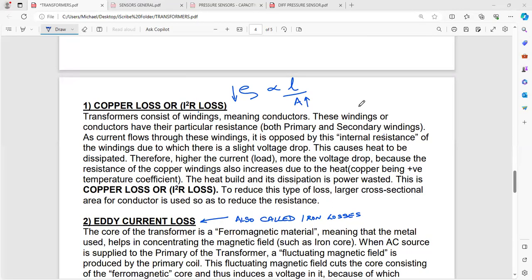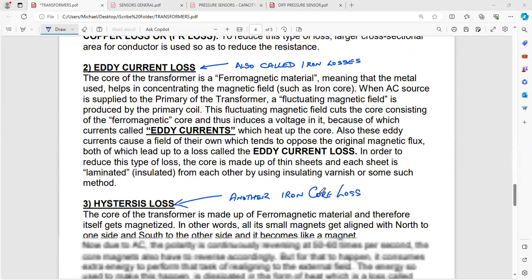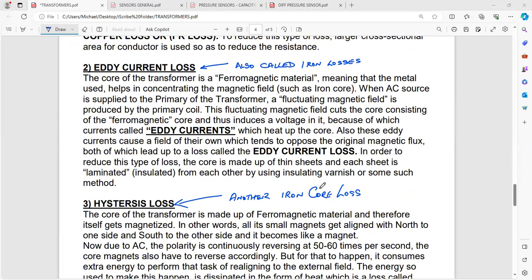Also, the size of that particular motor or transformer is going to become much larger. So size and all that has to be taken into consideration, and somewhere in between, one has to compromise. You cannot get rid of I squared R losses or copper losses completely. Not possible.